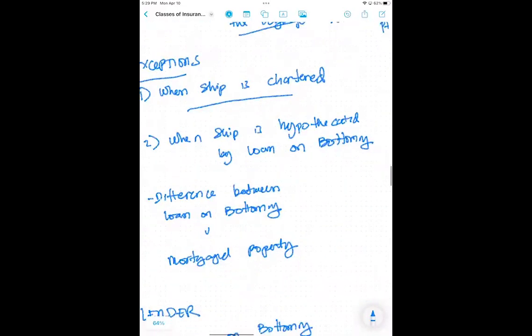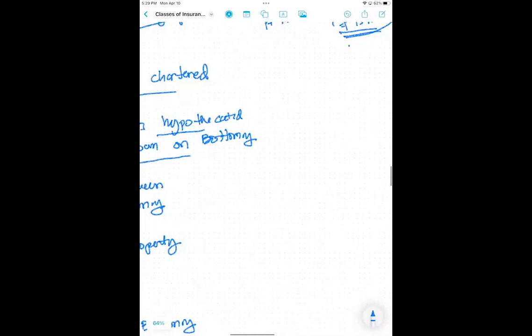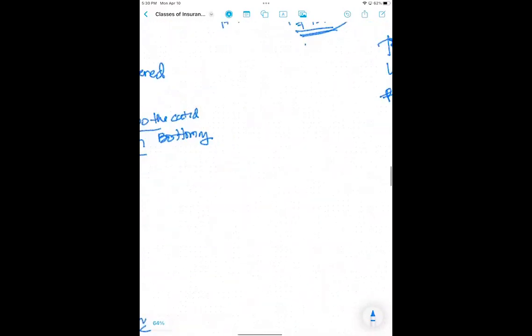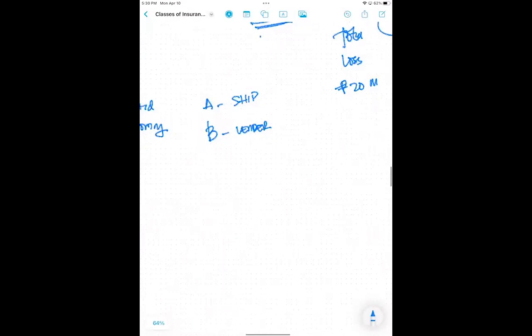Another is when the ship is hypothecated by loan on Bottomry. Okay, by loan on Bottomry. So, what is a loan on Bottomry? So, loan on Bottomry is when, let's say, A owns a ship, okay, and A would obtain a loan from B. So, B is the lender, okay, and the agreement is A will obtain money from B on loan on Bottomry.